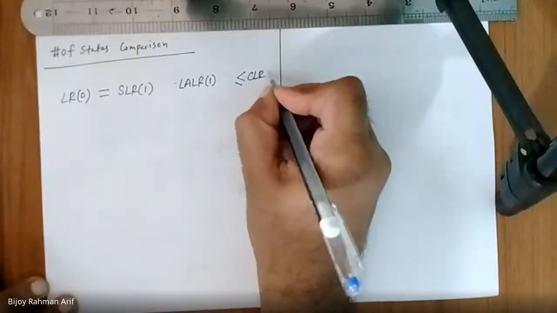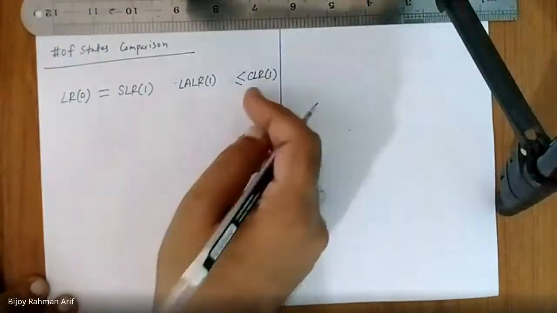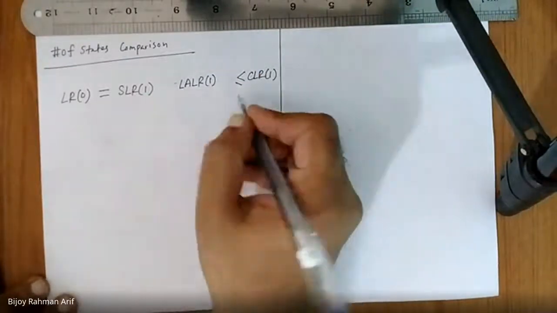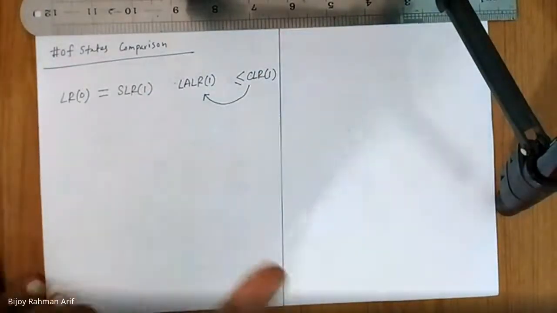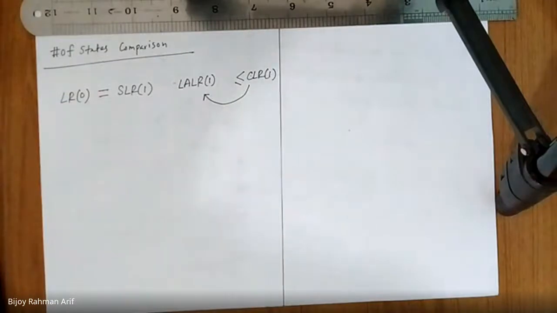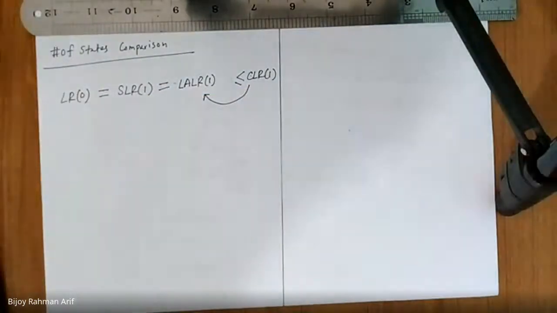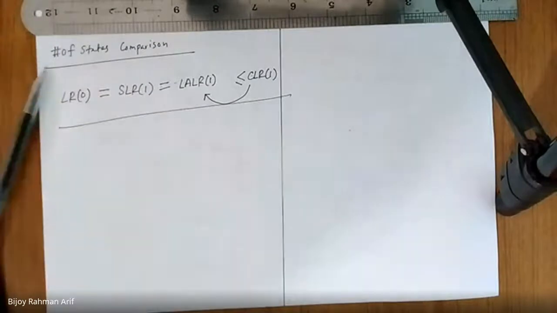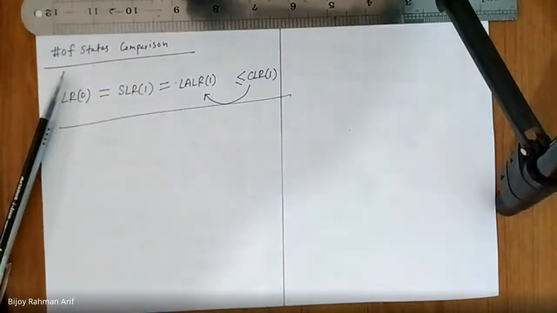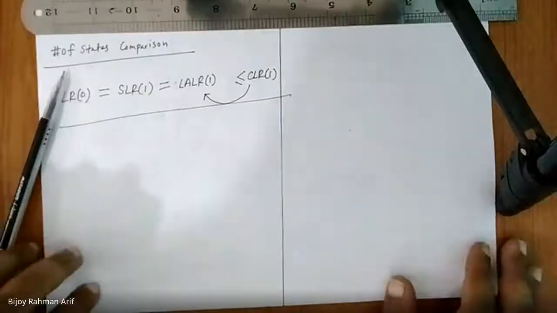When we merge CLR1, that means LR1 items, to LALR1, all the states having different lookaheads merge into the same. So definitely it would become the number of states in LR0 items. So this is also equal. Did you get it? That is the catch. That is the conclusion.